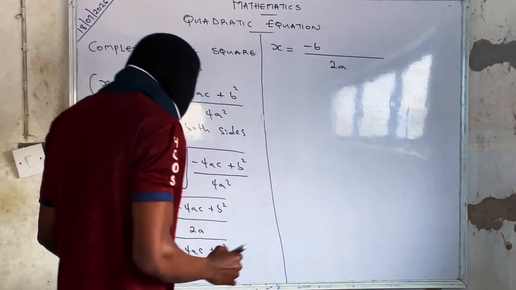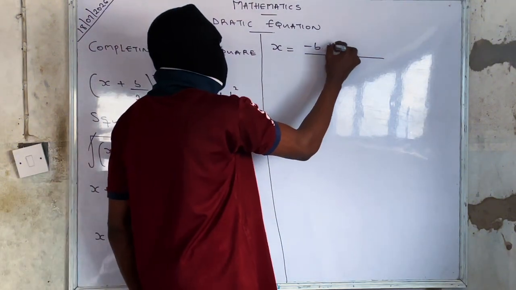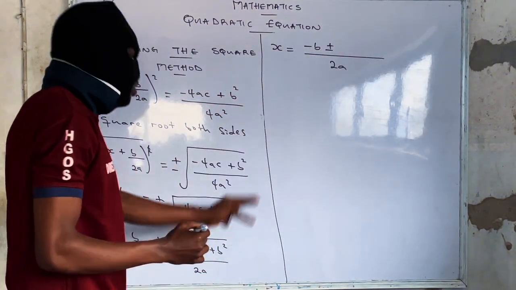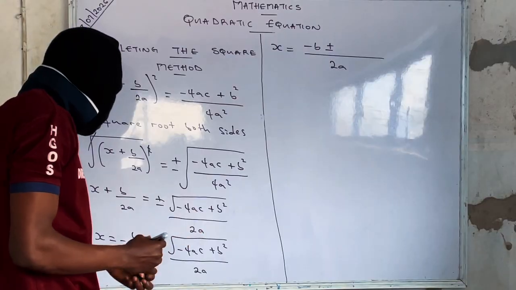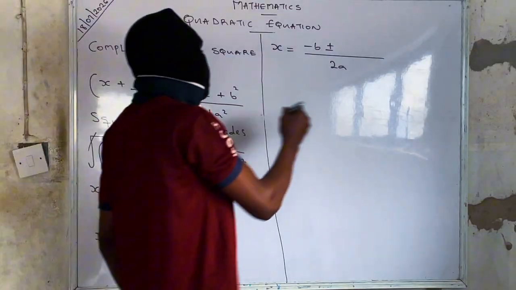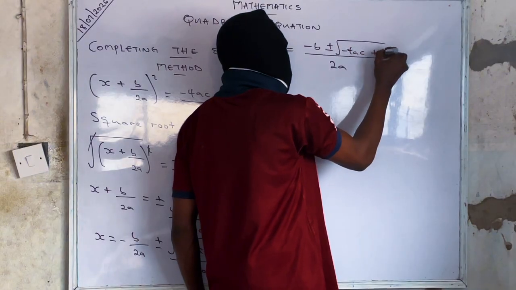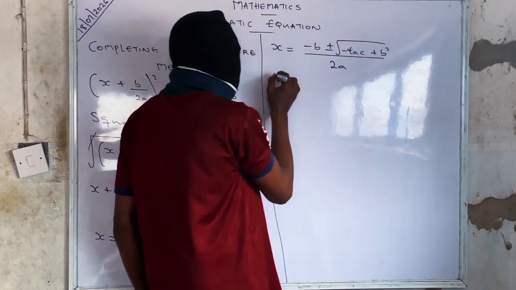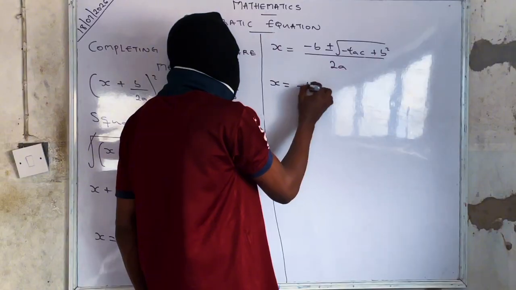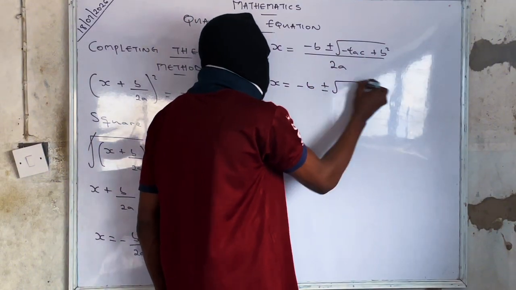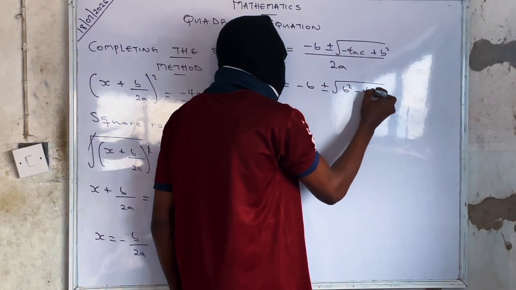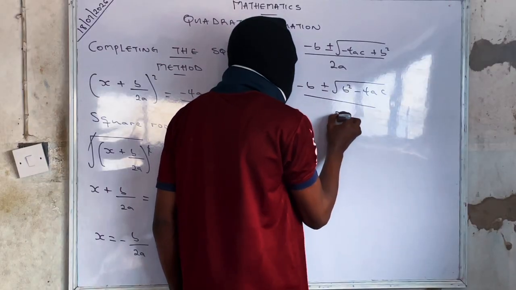Then you have your plus or minus. Now 2a and 2a is 1. Now 1 times root of minus 4ac plus b square is still root of minus 4ac plus b square. So you can now say that x equals to minus b plus or minus root of b square minus 4ac over 2a.